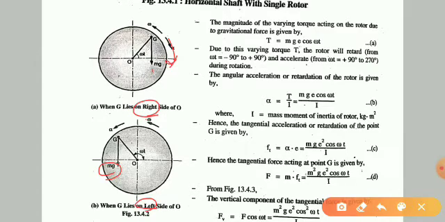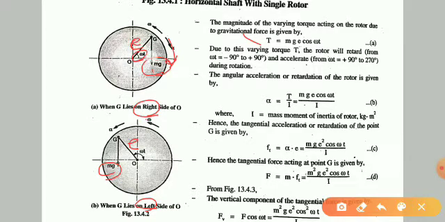So the magnitude of this varying torque T acting on rotor due to gravitational force can be found. Torque, we know, is equal to force into perpendicular distance. So here the eccentricity is e, and this angle is omega t.